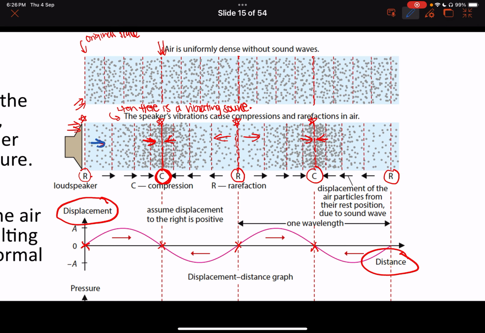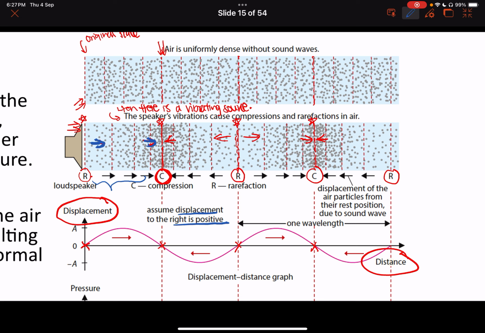In the compression, columns that are very near it are squeezing the region of compression. So in that case, let's take a direction. Let's say the rightwards direction is positive, displacement to the right is positive. So that tells us that all the molecules here will have a positive displacement.